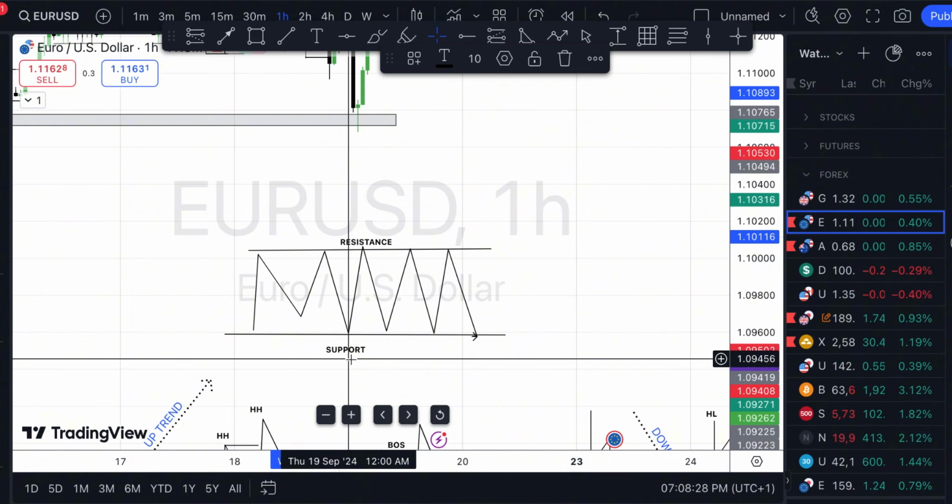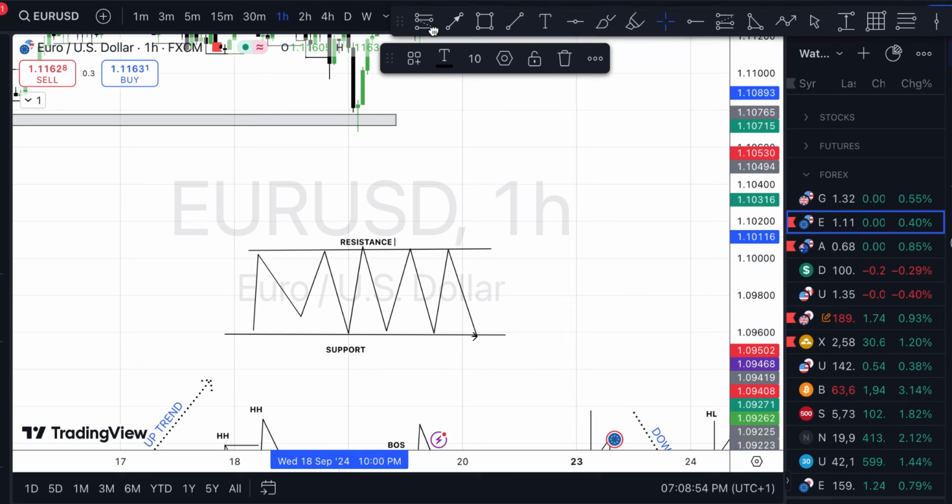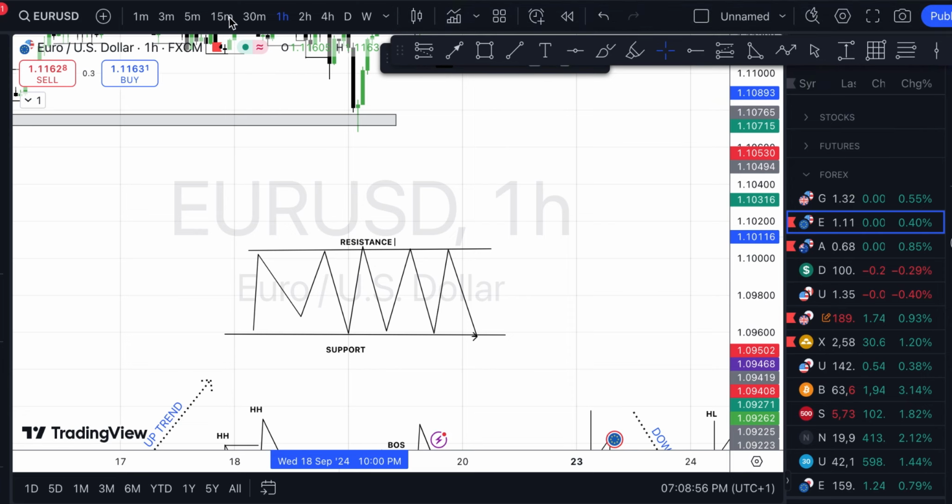A key point here is that market structure itself is fractal. It exists on all time frames. So if you are seeing an uptrend on a 1 hour time frame, you can also see an uptrend on a 5 minute time frame.